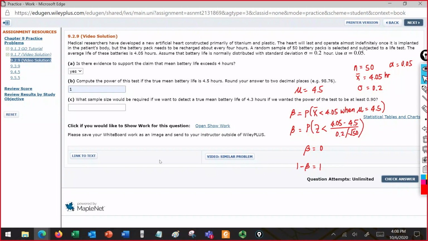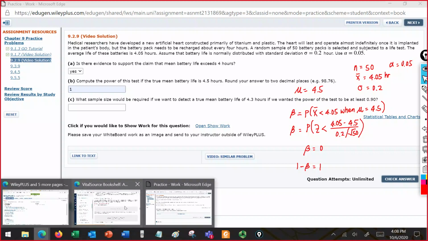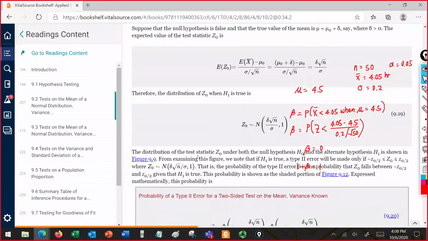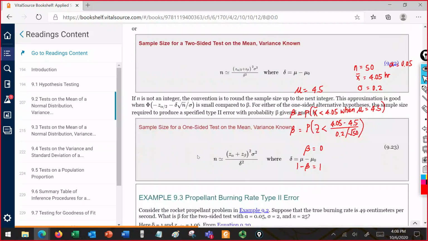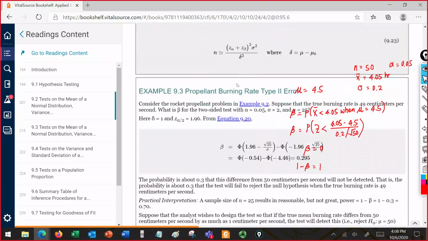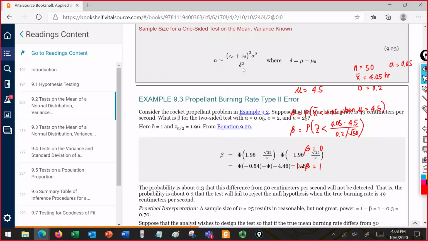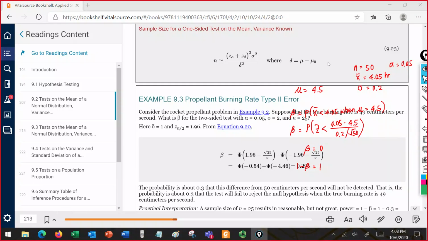And then, for part C, we need a formula. We have a one-sided test. Remember? Let me copy the formula first.